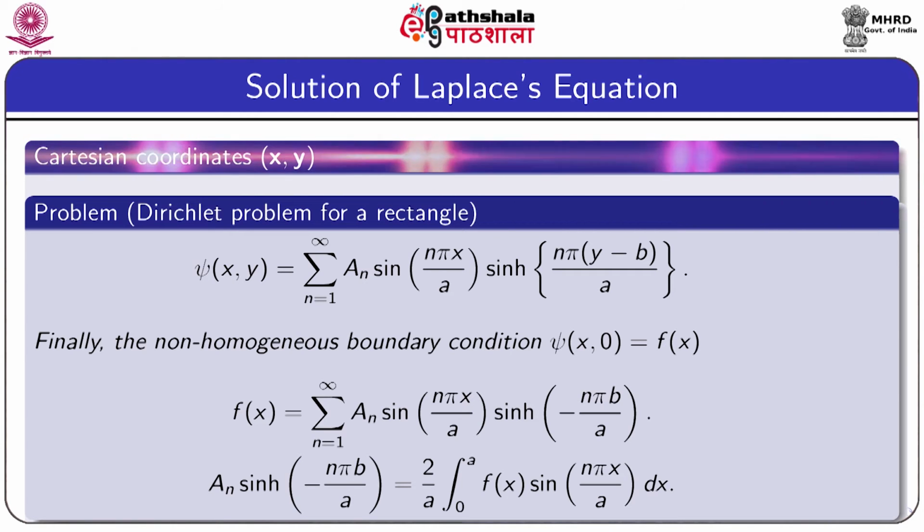From this summation, you can see that the right hand side is nothing but the Fourier series expansion of the function f(x) in terms of the sine series.